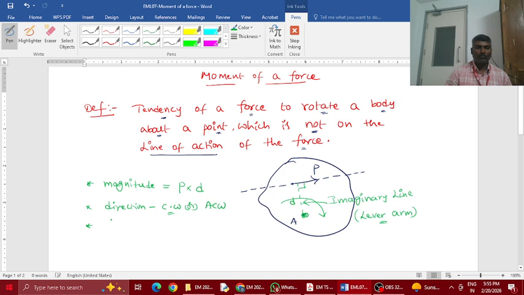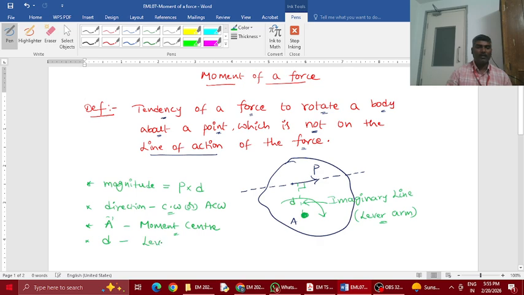Now, what is this point A called? Okay. A is called moment center. Okay. The point about which the force is trying to rotate the body is called as moment center. Okay. And what do you call d?